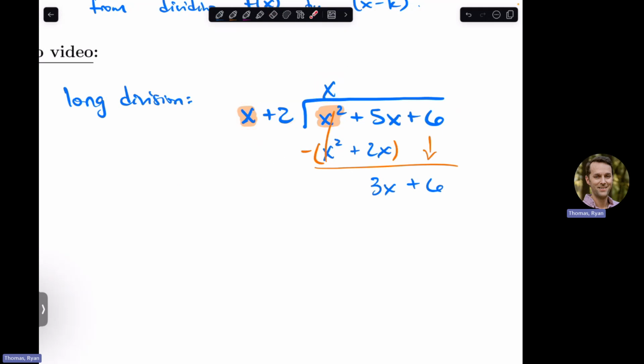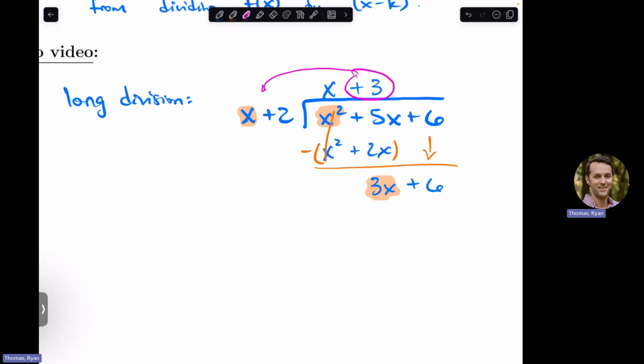Let me erase some of my stuff there. Okay, so now I'm going to look at how x divides into 3x. So if I take 3x and divide by x, we get 3. That goes in 3 times. And then I'm going to do the same thing.